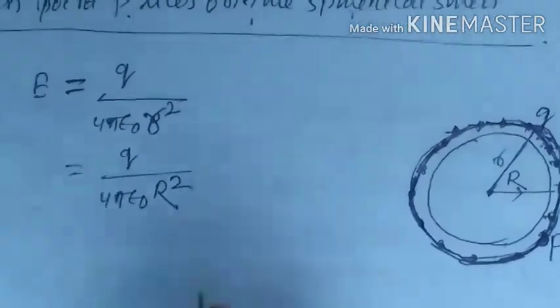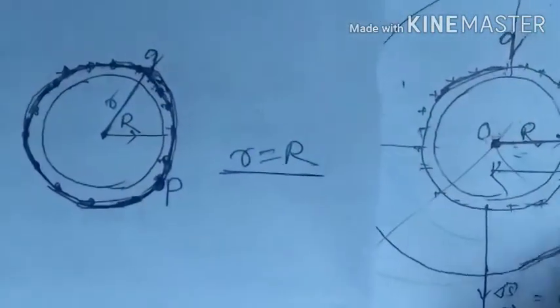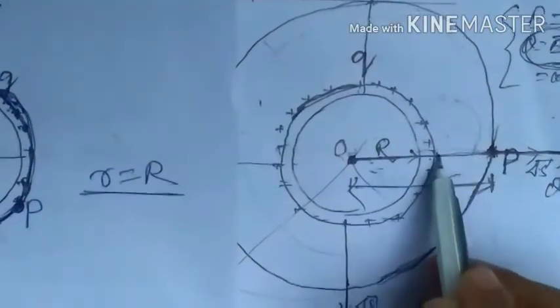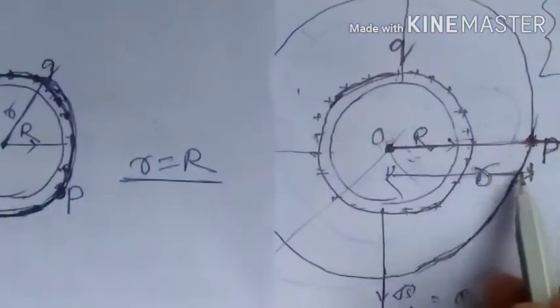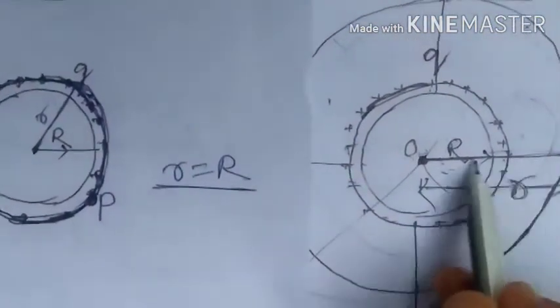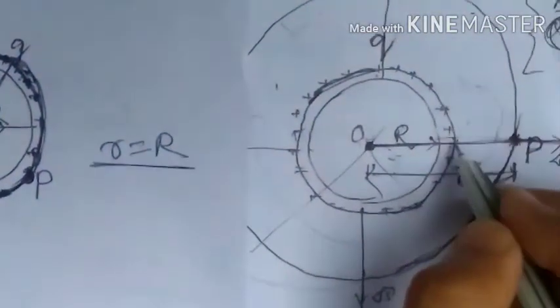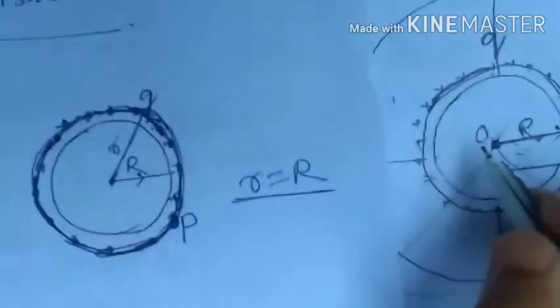So what you are observing from this: when we decrease the value of r from here to here, then to here, then to here, up to this, as r is decreasing, the electric field strength goes on increasing, and when it reaches the surface of the cell, it is maximum.